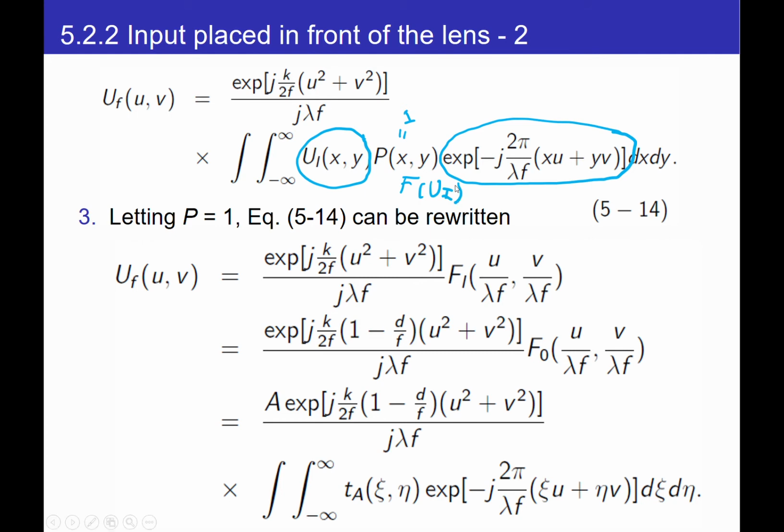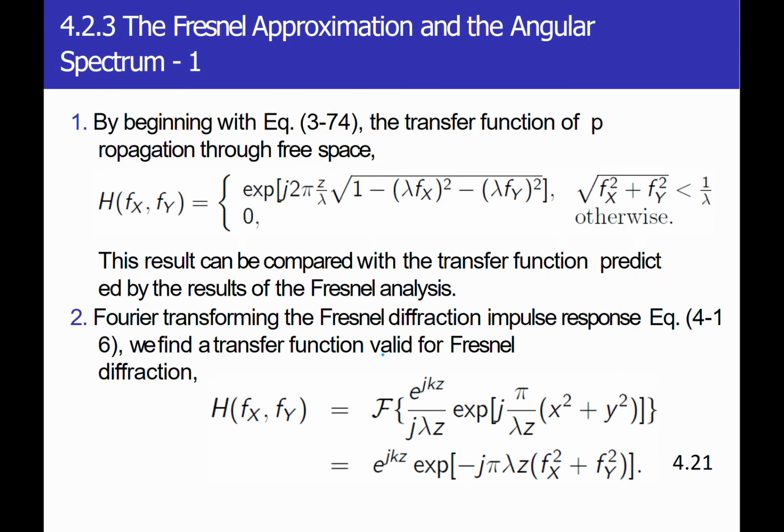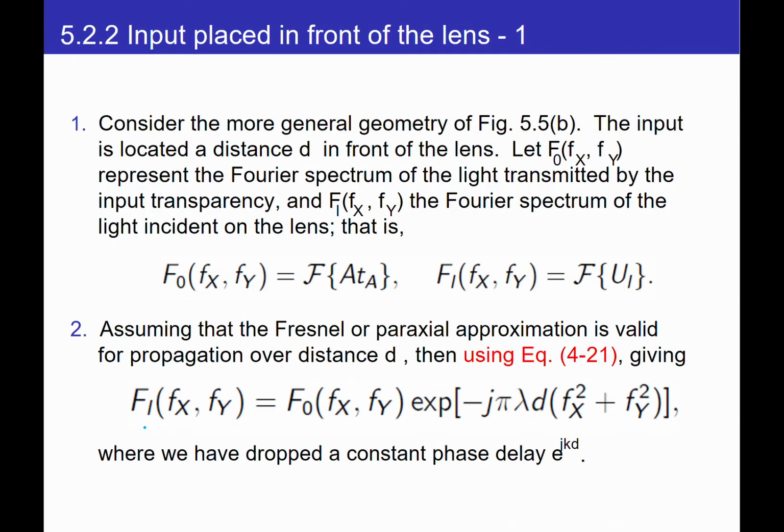And then it is given by this phase term times Fi. By definition, Fi is F0 times the propagation factor over d.